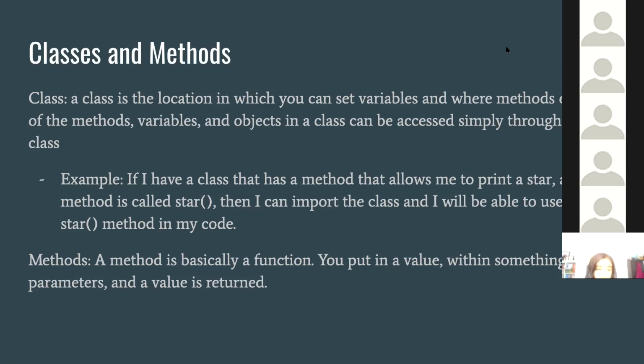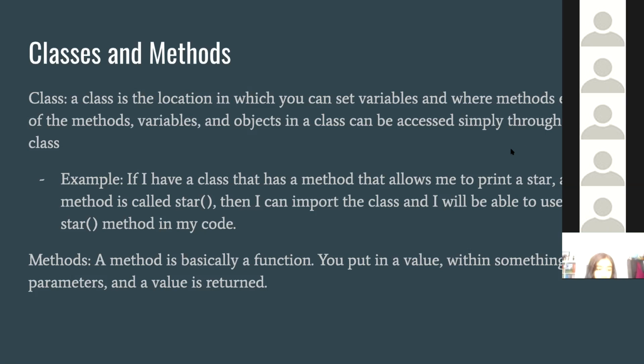Instead of writing print 10 times, I could put that print function into a method, and inside that method I could say print this. And instead of writing print again and again, I could just write the method name. Again, it'll make more sense when you're learning code, but this is just the abstract. So remember this, once we show you in code, I think it'll make more sense.